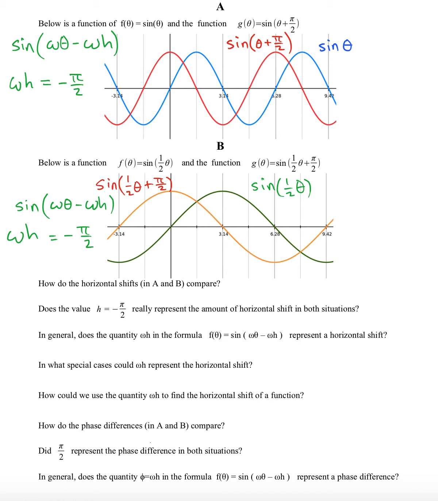And that quantity is actually an important quantity called the phase difference. And it is often given the letter phi, Greek letter. And it's the same for both A and B.